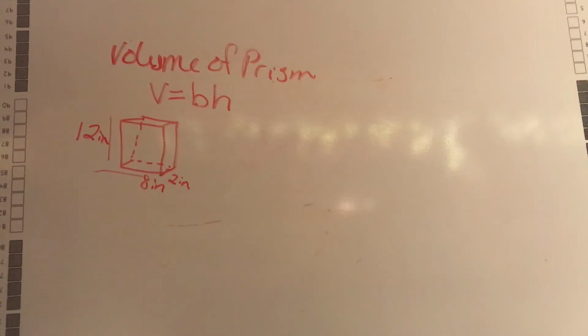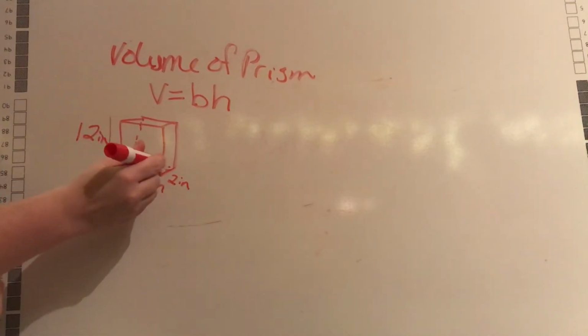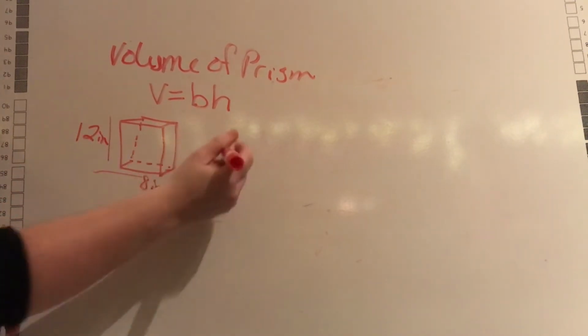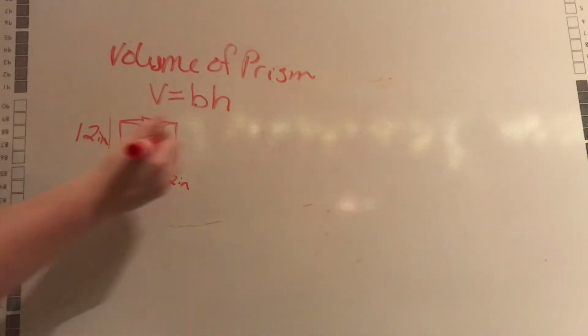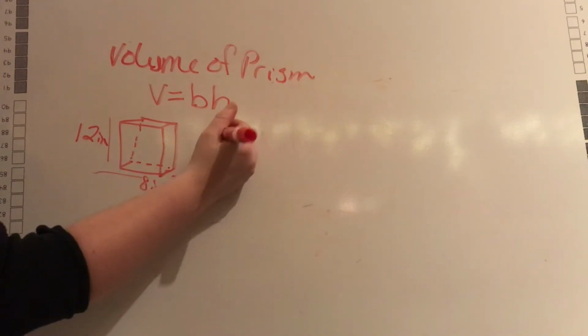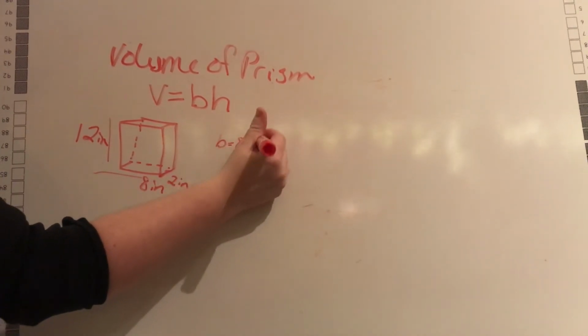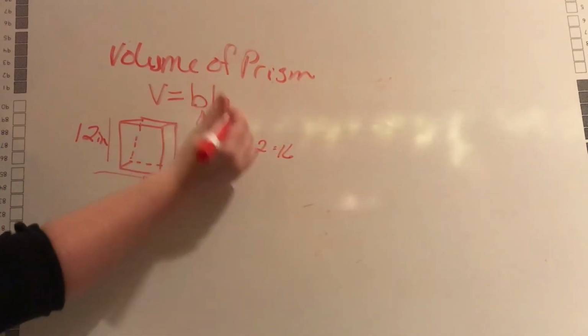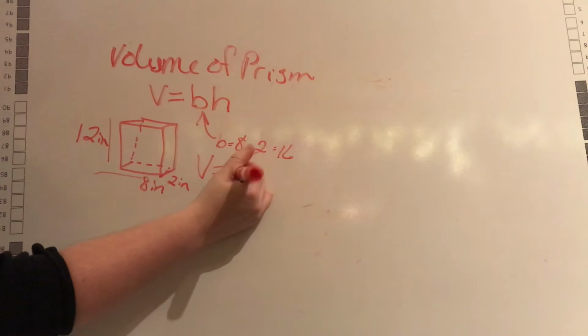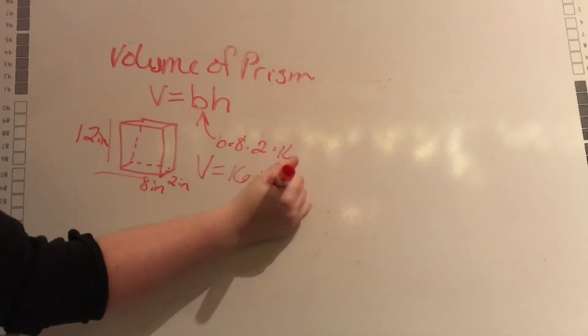Well, what we're going to do first is we'd have to find the area of the base. So 8 times 2 is going to be what? So first we have to find the area of the base. Well, that's going to be 16. So we'll plug that in for B. And we have the volume equals 16 times our height, which is 12.